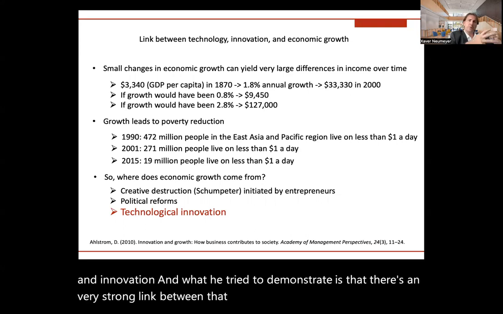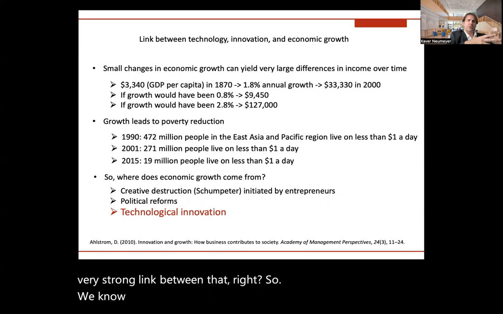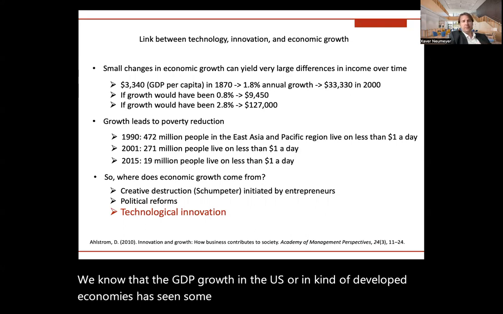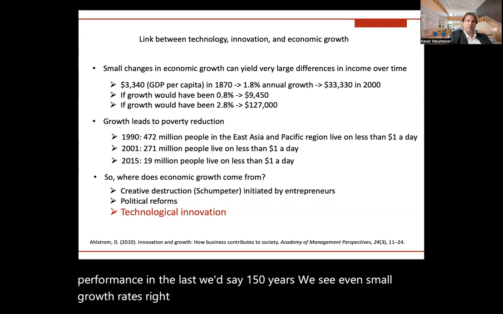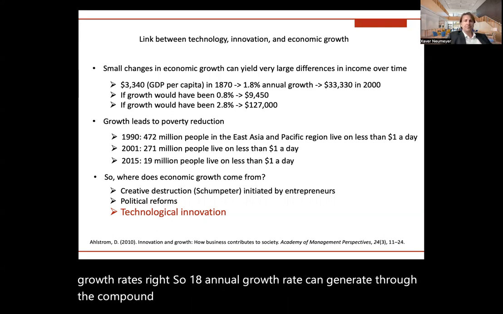So we know that GDP growth in the US and in developed economies has seen some impressive performance in the last, we'd say, 150 years. We see that even small growth rates, right? A 1.8% annual growth rate can, through compound interest, lead to some major gains.